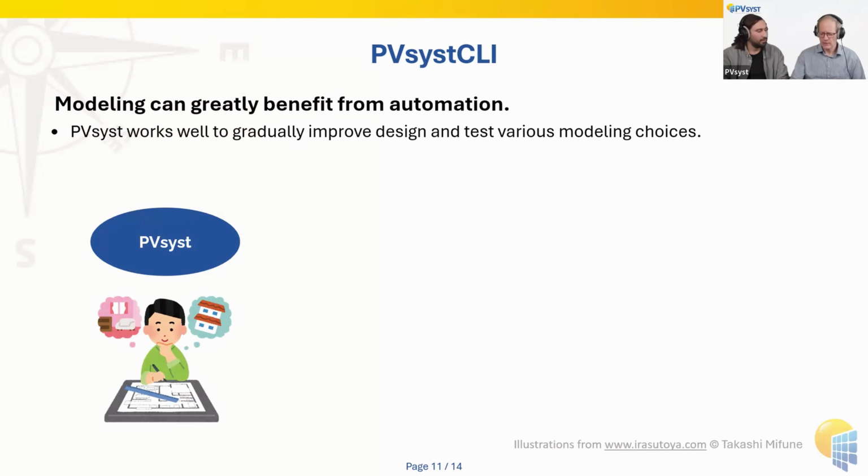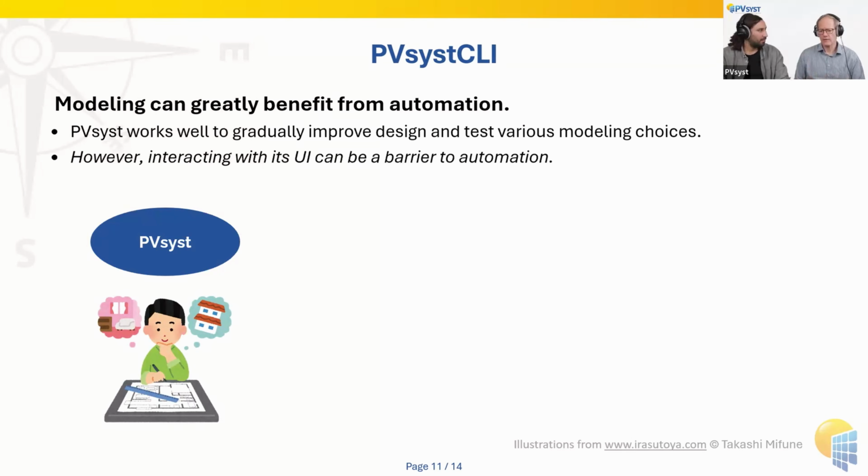But in general, if you use the graphical interface and have to interact with it, it does not integrate seamlessly into an automated workflow. And very often today, people have automatic workflows and would like to integrate also the PV simulations from PVsyst into this mechanism.